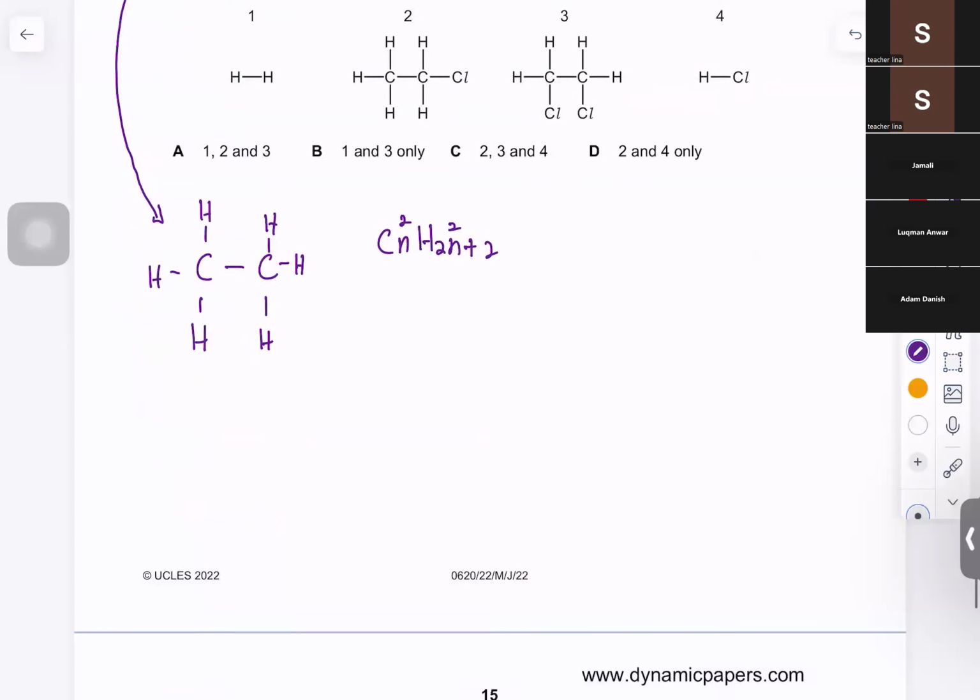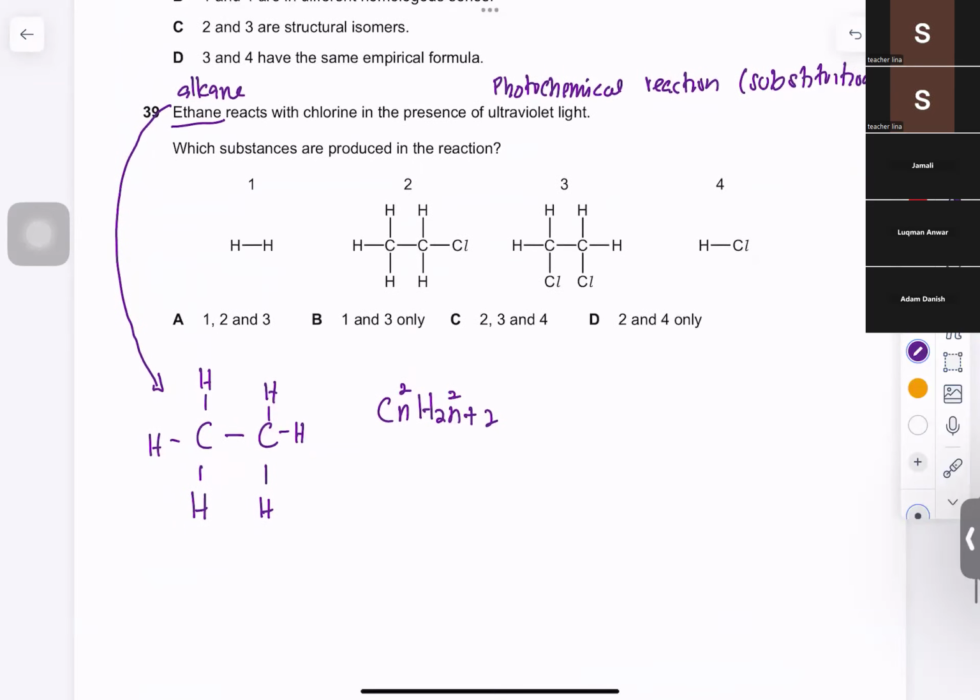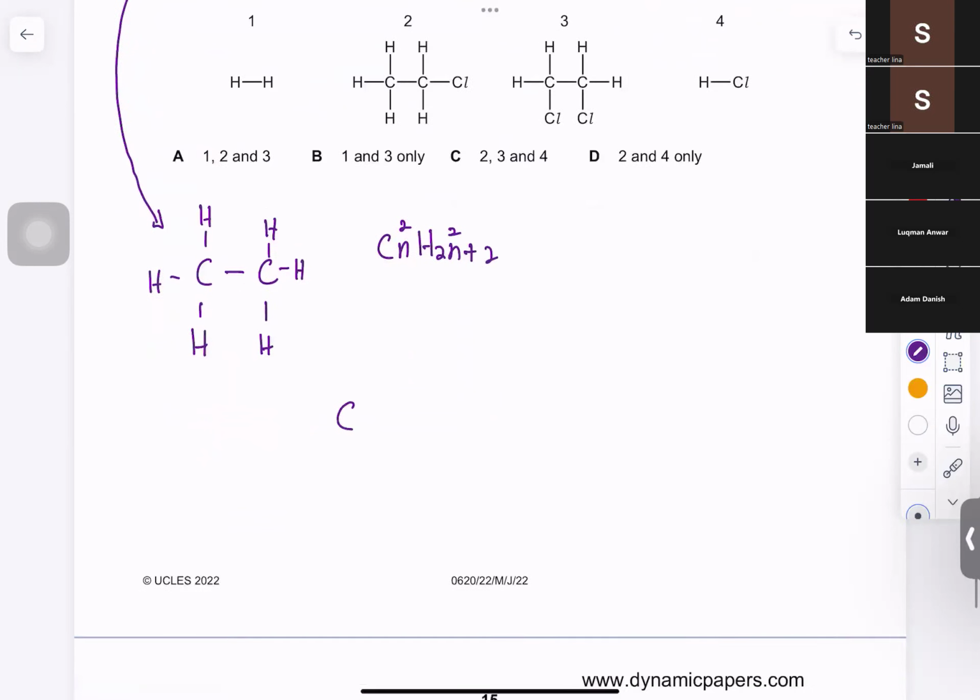So it is with what? Chlorine, Cl. So for example, C, C, H, H and H, H and H. You plus with the Cl and Cl.